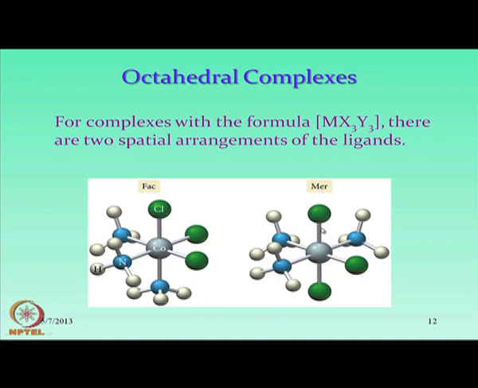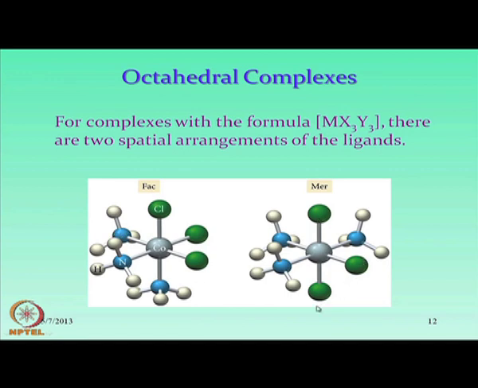So, these 2 isomeric forms are very important, which we are talking about, the corresponding facial and meridional binding, and if 3 of these chloride groups or 3 of these ammonia groups are occupying 2 diagonally opposite faces of the molecule, we will consider this particular face is capped by the chloride ligands and this particular face is capped by the ammonia molecules.